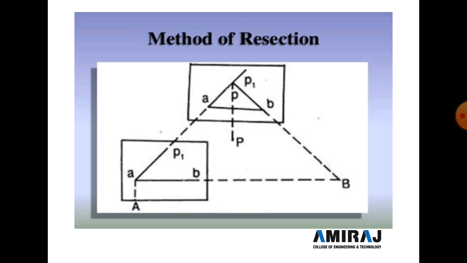So this is the P station on the sheet, and then the actual position of the station is marked on the ground, transferred from paper to the ground by the plumb bob. So this is the method of resection.